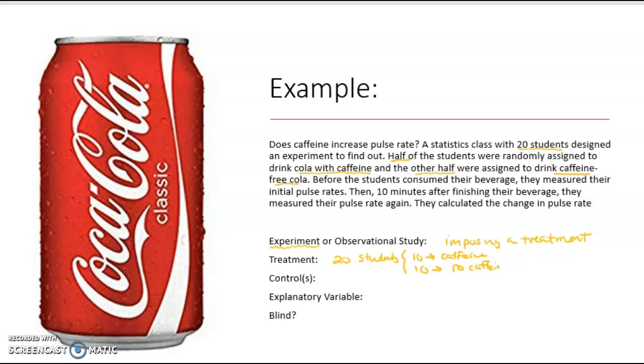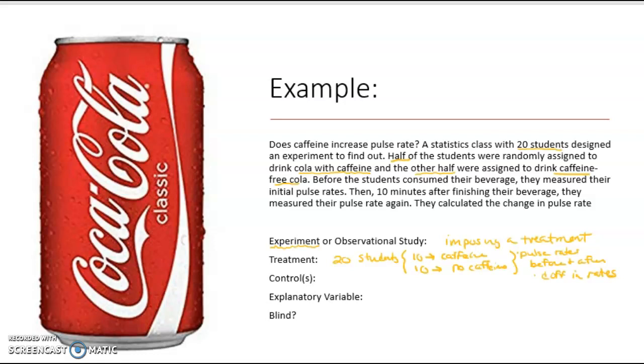No caffeine. Okay, so then we're going to get their pulse rates before and after, and then find the difference in rates. So that's sort of the game plan.